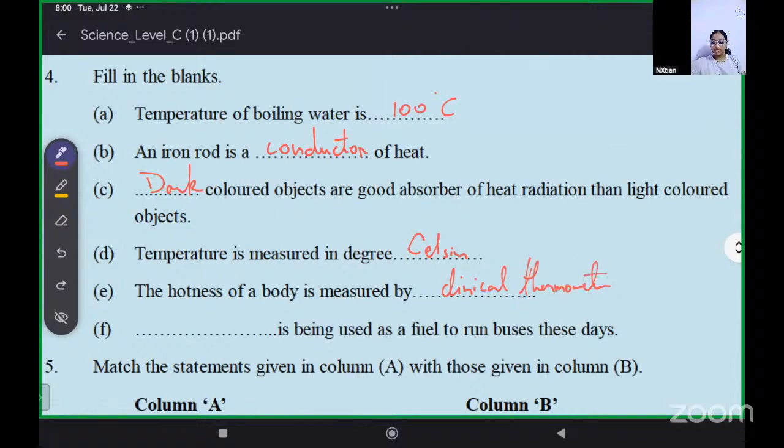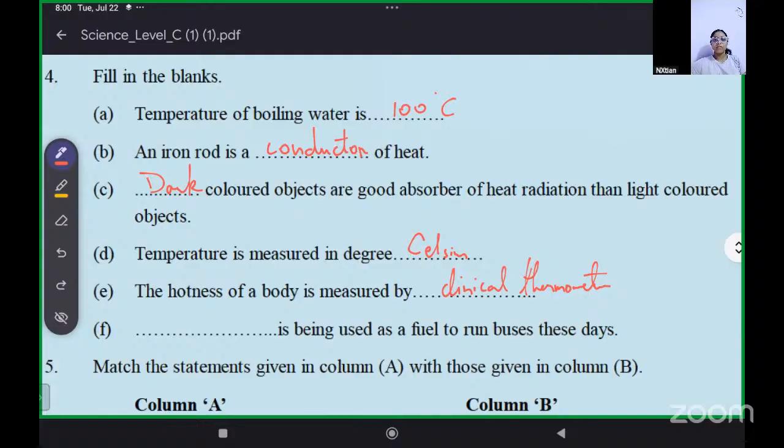Anna, last one. Dash is being used as a fuel to run buses these days. Is it diesel, ma'am? Diesel, okay. Petrol also, I think, can be there. Ma'am, you can put CNG. Mostly buses run on diesel nowadays.